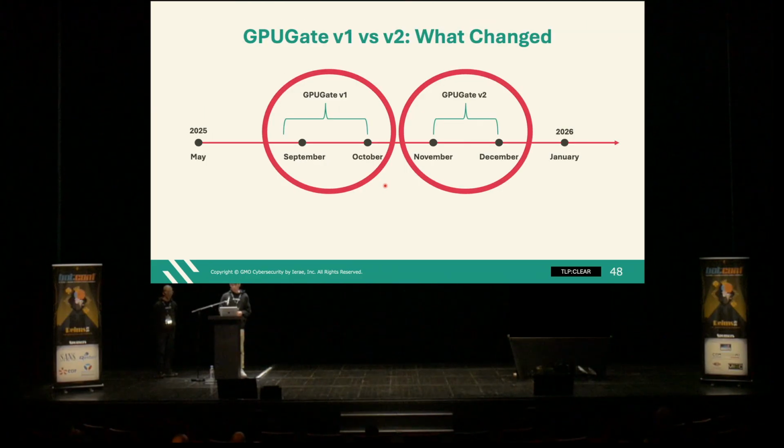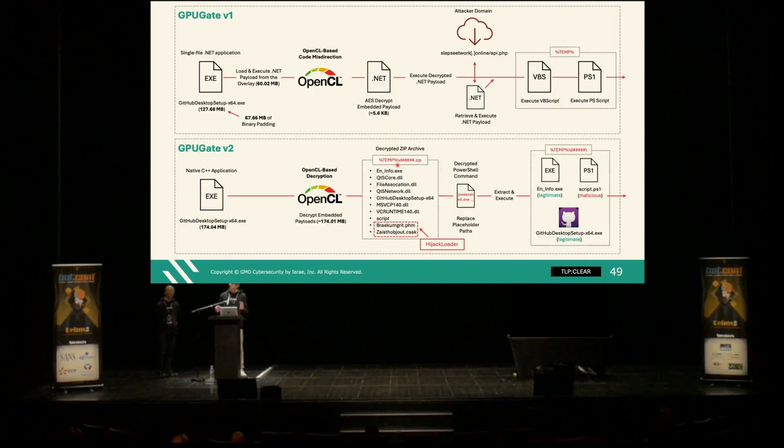So next I want to look at the differences between GPUGate version 1 and version 2 in terms of their early and then later execution flow. GPUGate version 1, as I mentioned before, is a single file .NET application, and you can see it's 127 megabytes here.